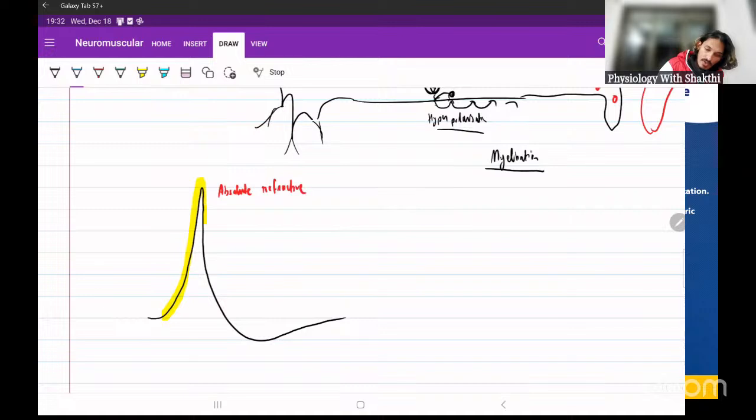And below that, it becomes relatively refractory. This is based on the availability of sodium channels. The whole concept of depolarization is because of sodium channels. So over here, we saw that sodium channels were activated.